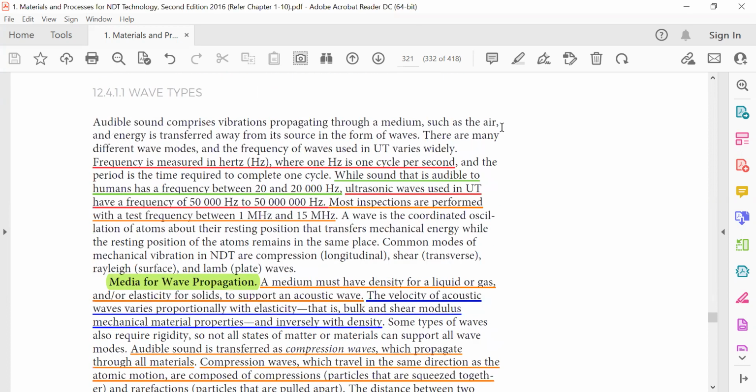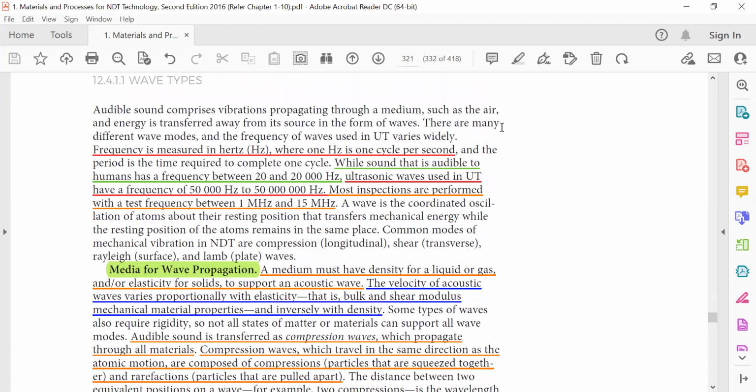Wave types. Frequency is measured in Hertz, and 1 Hertz is 1 cycle per second. Sound audible to humans has a frequency between 20 and 20,000 Hertz.